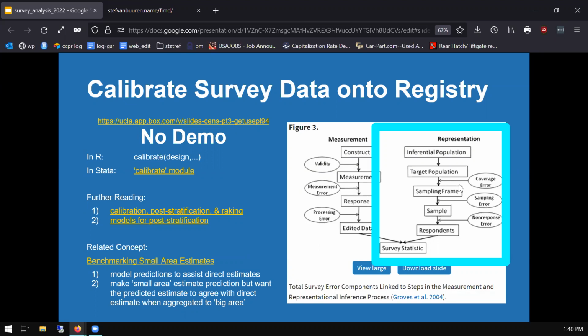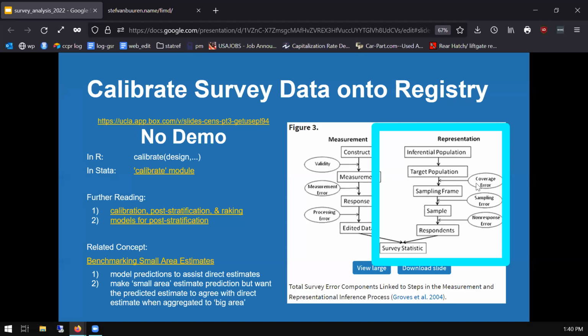You could use calibration to redistribute the row weights of your list of email addresses so it looks like an external population third-party data source. Doing that would fix or adjust for coverage error, which is this bubble here.